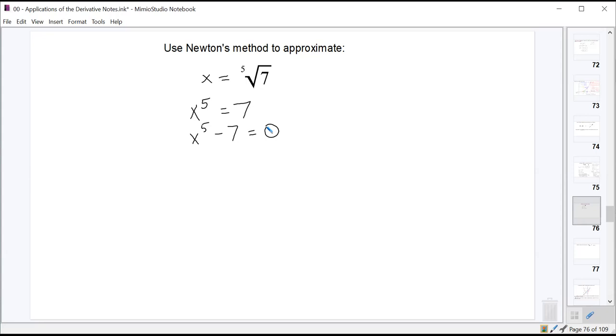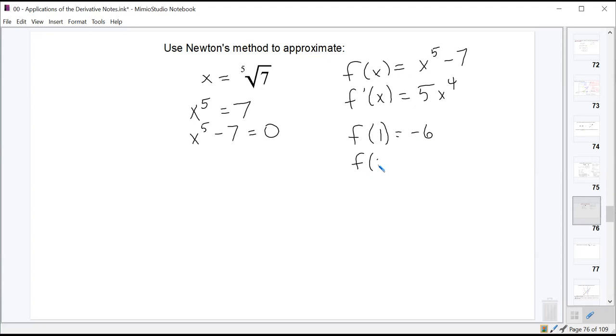So we'll say that f of x is equal to x to the 5th minus 7, giving us f prime of x is equal to 5x to the 4th. And we'll note that if I plug in 1 to this, f of 1 is 1 minus 7, that's negative 6. And f of 2, well, 2 to the 5th is 32. So 32 minus 7 is 25.